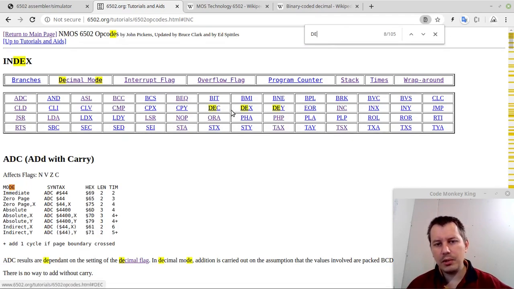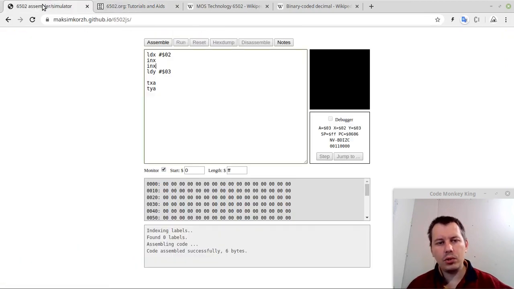So DEC decrements the memory, DEX decrements the value at the X register, DEY decrements the value at the Y register. So like this, and then DEX, and then let's say increment Y, and decrement Y.